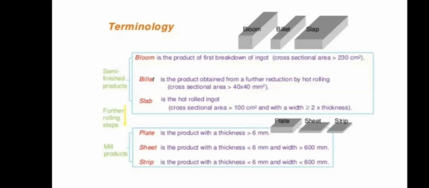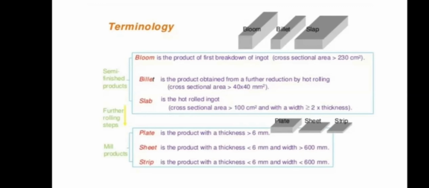Billet is the product obtained from further reducing by hot rolling. Cross sectional area is more than 40 into 40 square. The cross section between 40 square and 230 centimeter square is called billet. Cross section more than 230 centimeter square is termed as bloom. Bloom will be larger cross section. First, in primary process, bloom is reduced into billet. Billet is further hot rolled into slab.